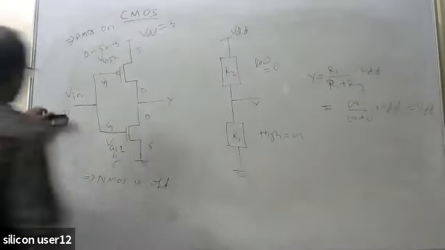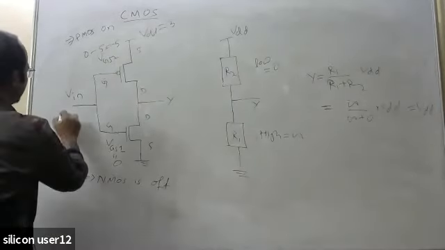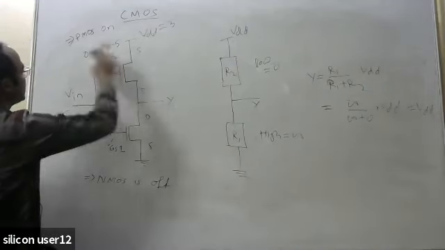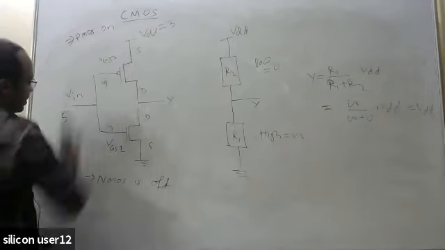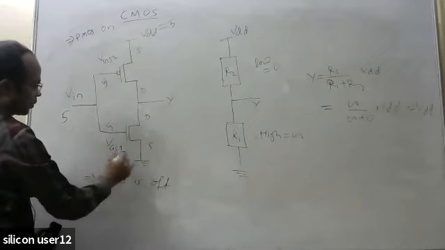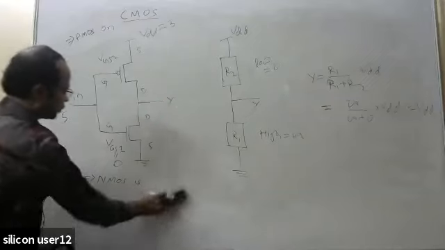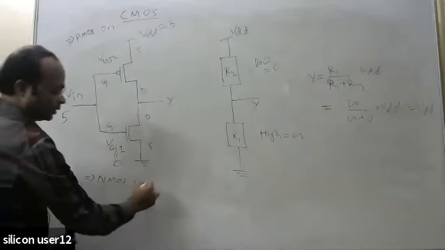Now for the second case, if my input is 5 volt, tell me what will happen. VGS1 will be 0, so NMOS is off.